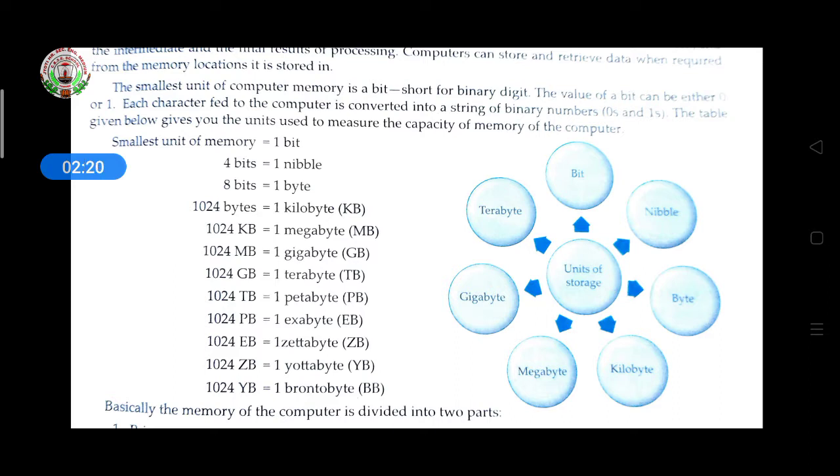So according to this bit, you are able to store your data, and while storing your data, the computer will recognize the data size, and it is given here.